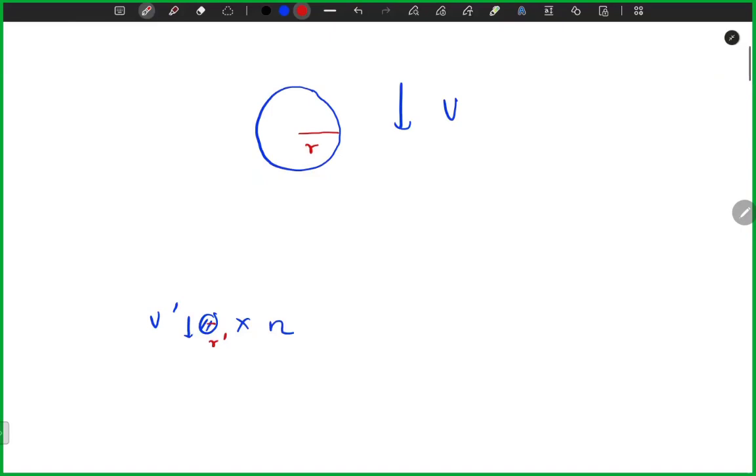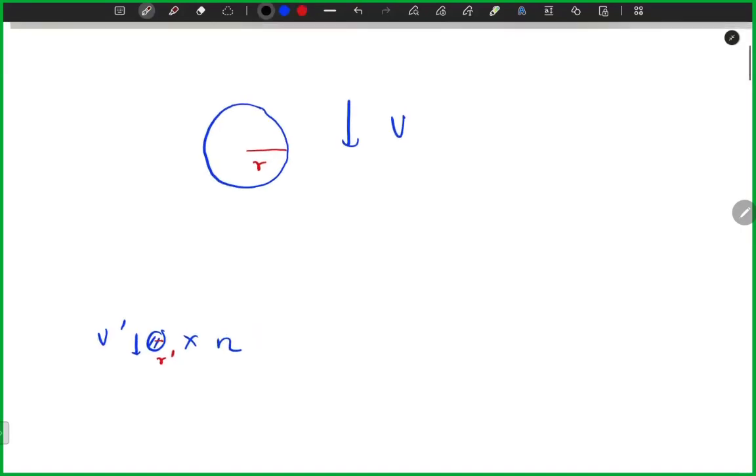Now tell me, last time we proved a particular equation of convenience. What was that? Terminal velocity v was equal to what? 2 over 9 r squared (rho minus rho dash) g over eta.